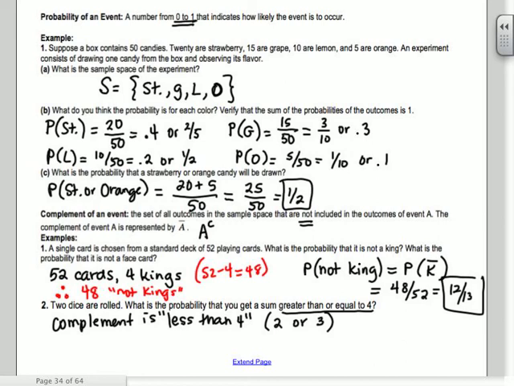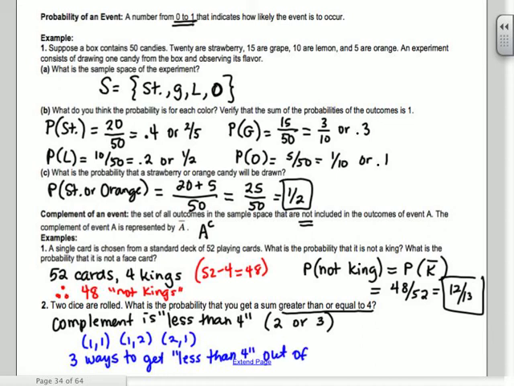All right, so that means that we would have the 1-1 outcome, the 1-2 outcome, and the 2-1 outcome. That's it. So there's only 3 ways that you can get less than 4. And this is out of 36 total outcomes.